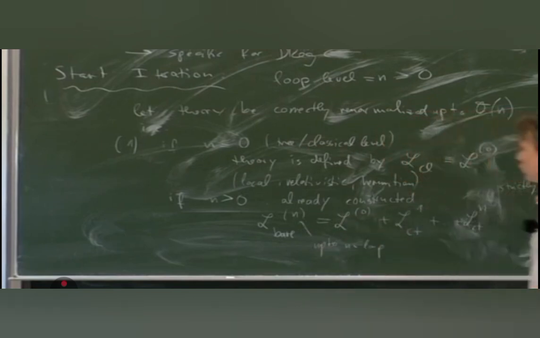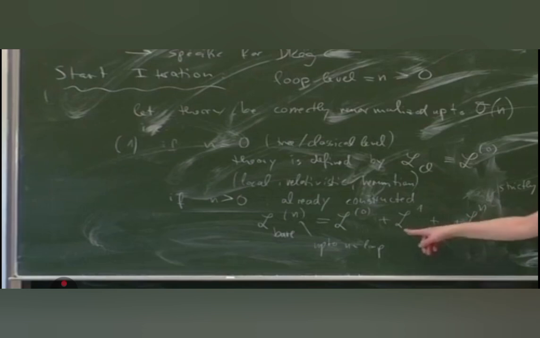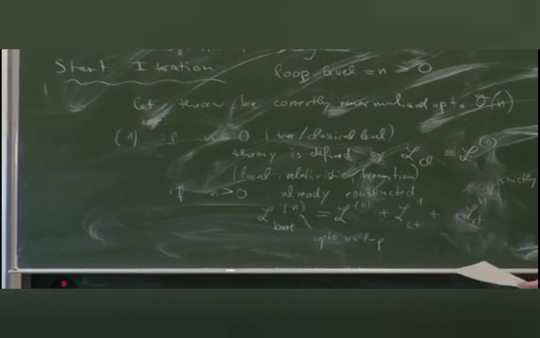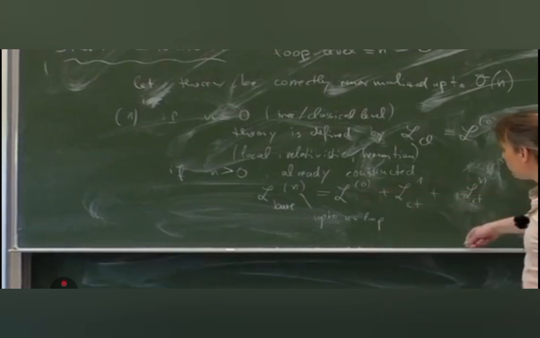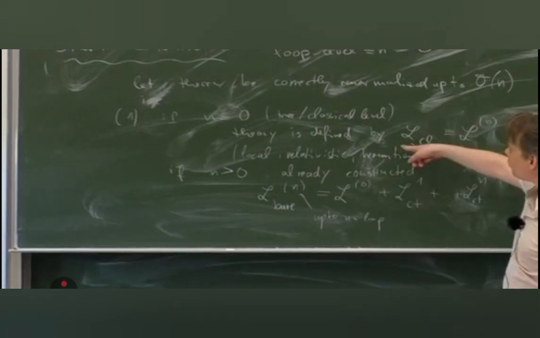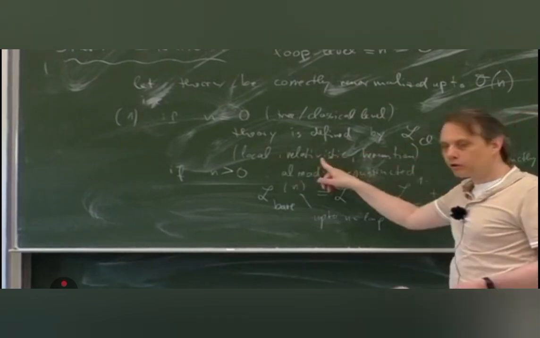So we have constructed in our iteration so-called counterterms, which are additional terms in the Lagrangian, which have coefficients of one loop, two loop, and so on order, and which in total provide a modified Lagrangian, which however is still local, relativistic, and Hermitian.